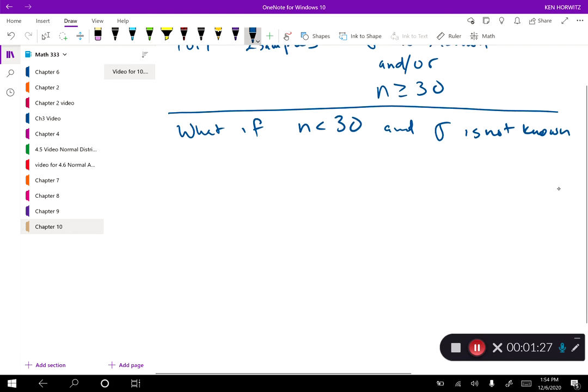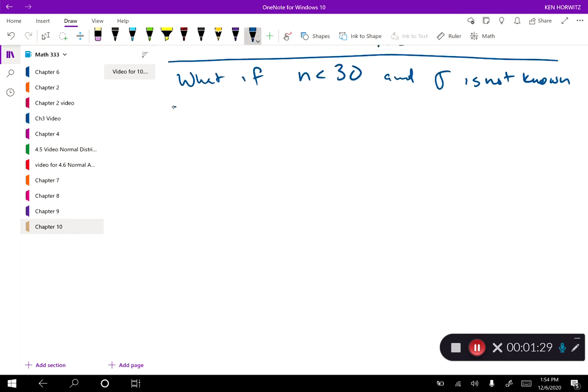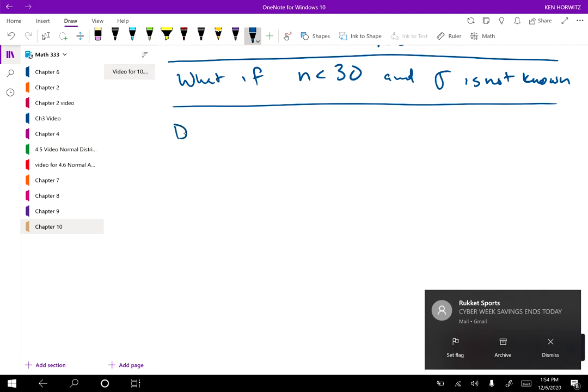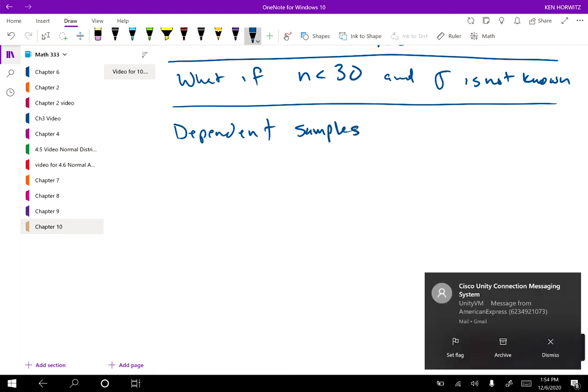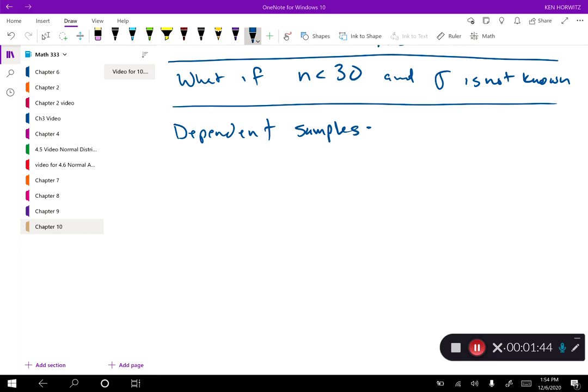So I first want to talk about what a dependent sample is. Dependent samples are when subjects are paired or matched in some way.